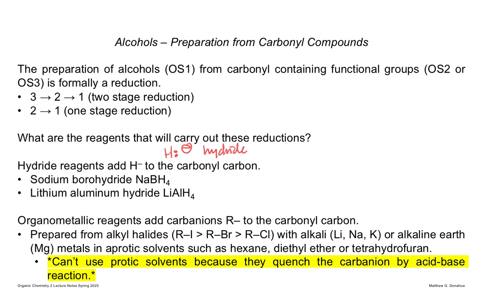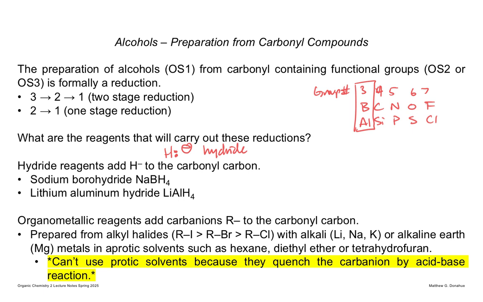So why are these hydride reagents? In the periodic table here, boron and aluminum are in group 3, so they're trivalent.